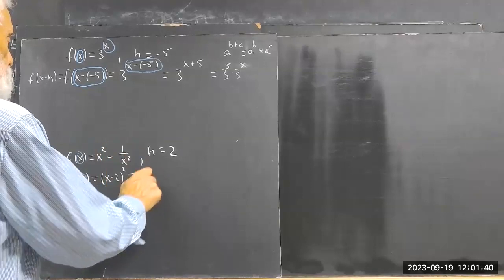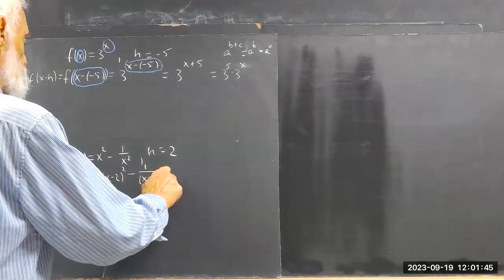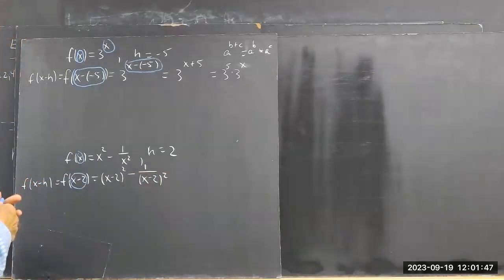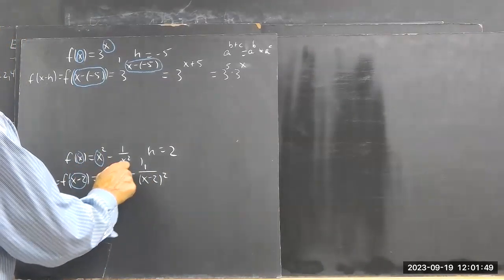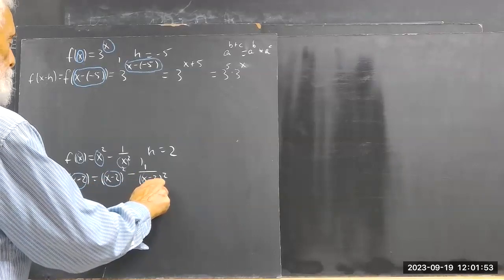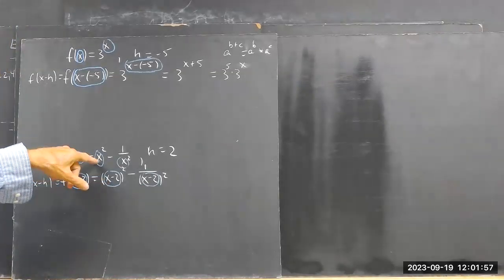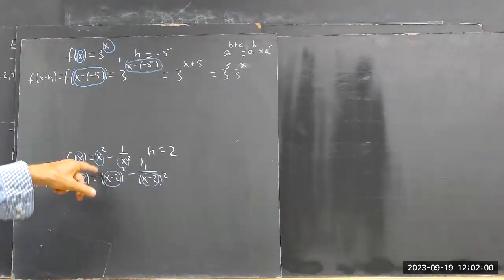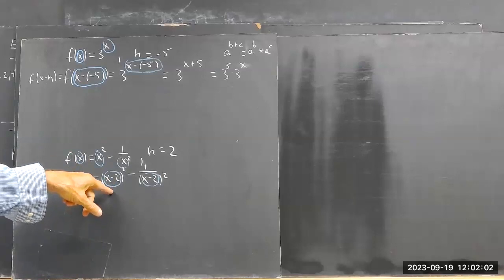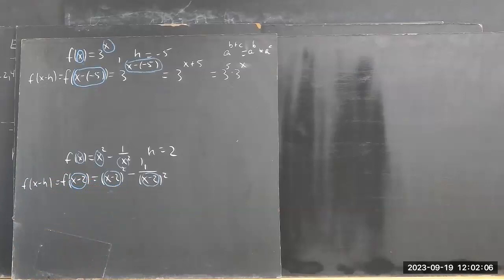And 1 over x squared becomes 1 over x minus 2 squared. So now we've got 2 x's up here. Each one has been replaced by x minus 2. And of course, we needed to throw in the parentheses because we have to square the whole expression. If x is squared, x minus 2, the whole thing needs to be squared.